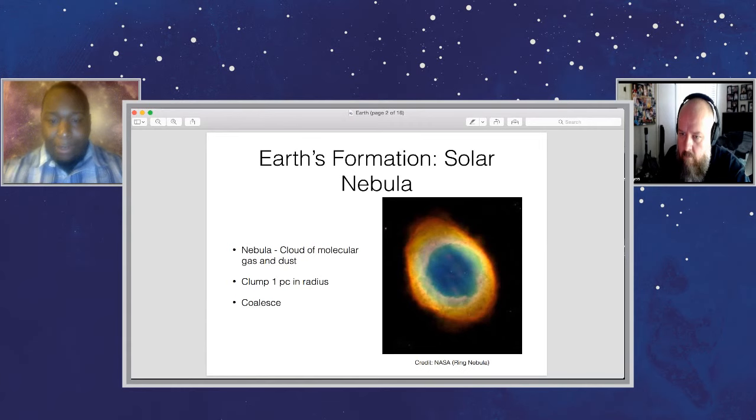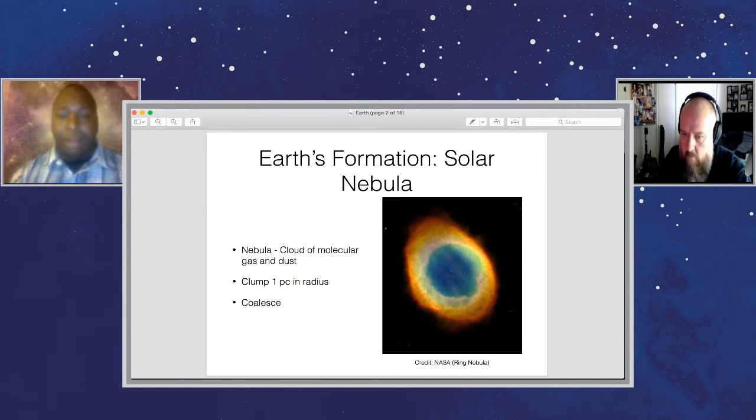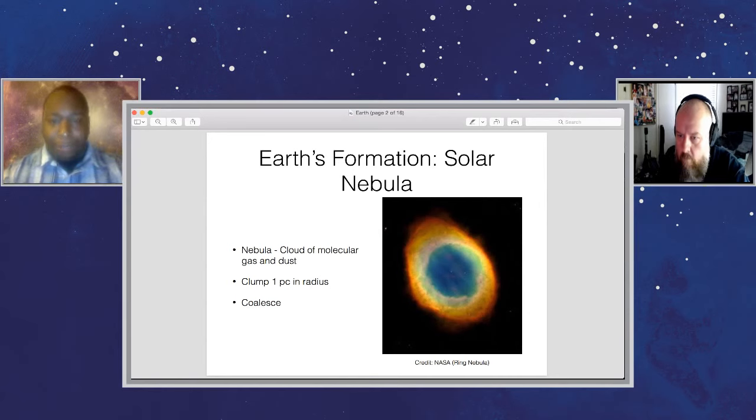Now, in this particular image I'm showing here on the right-hand side of the screen, it's an image taken by NASA's Hubble Space Telescope of the Ring Nebula. Now, the initial larger ball of gas and dust was much bigger than this. But this is a good example of a nebula, which is a perfect place for star birth.